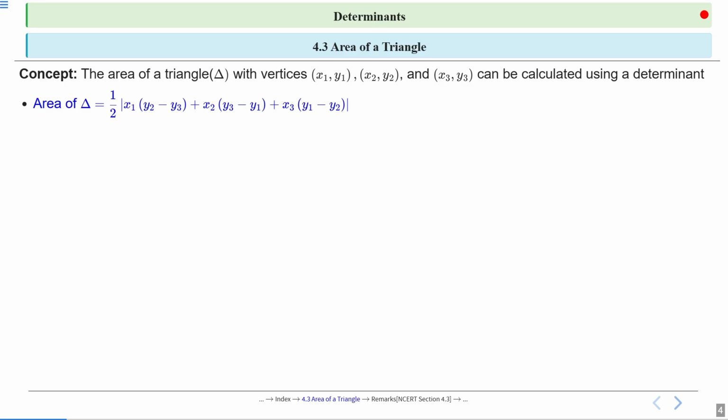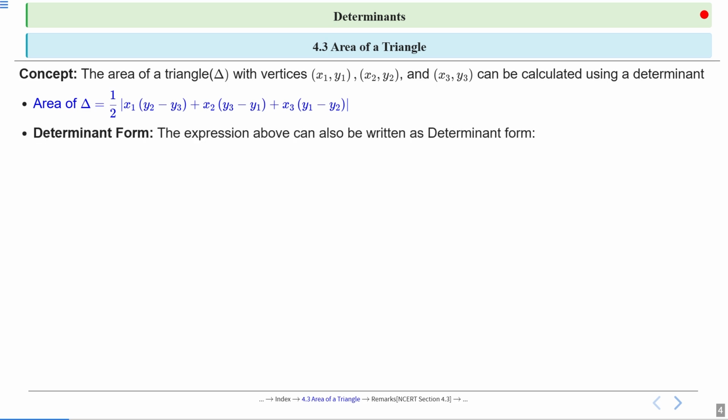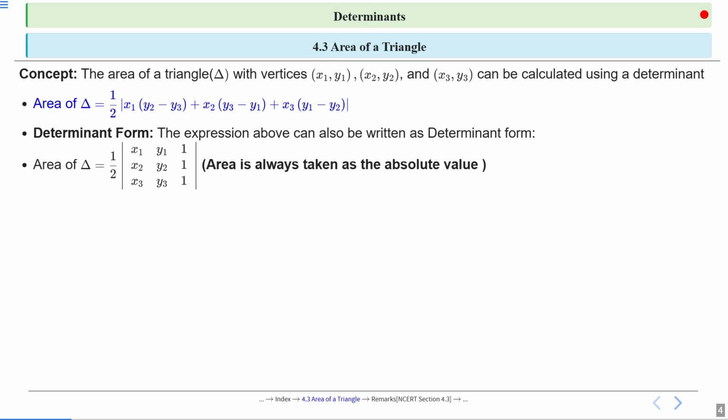Okay. But how can we calculate the area of a triangle using determinants? The expression above can also be written in determinant form. That is, area of triangle is equal to 1 by 2 determinant of a 3 cross 3 matrix whose rows are x1 y1 1, x2 y2 1, x3 y3 1.